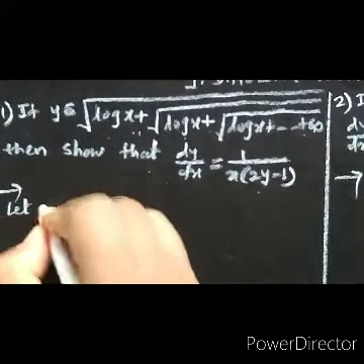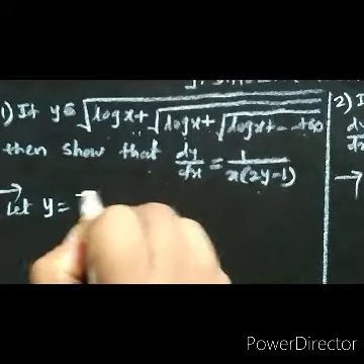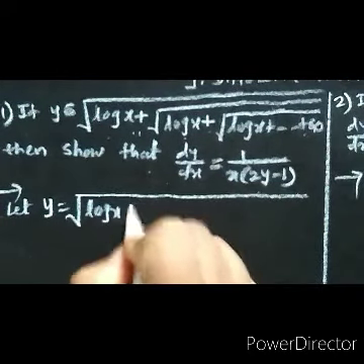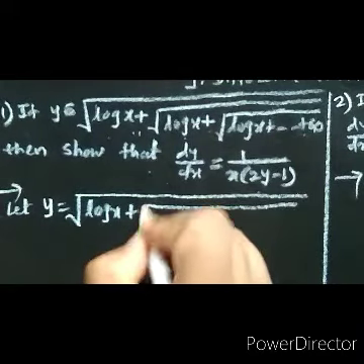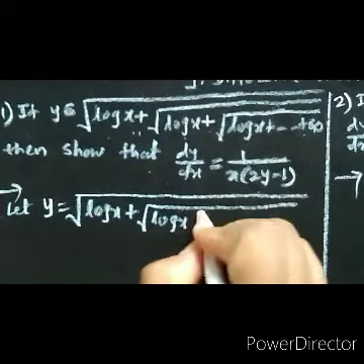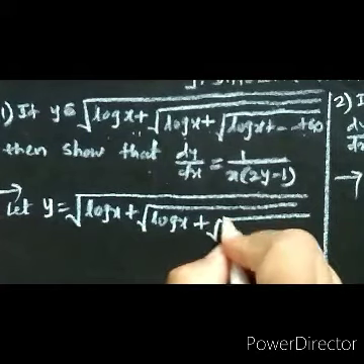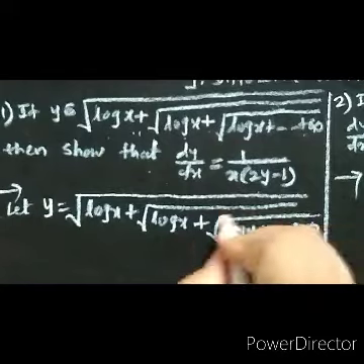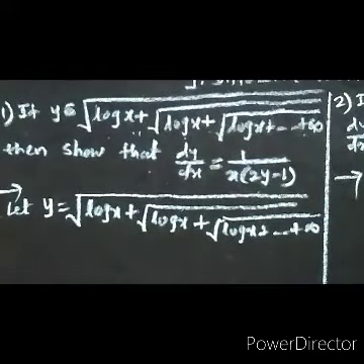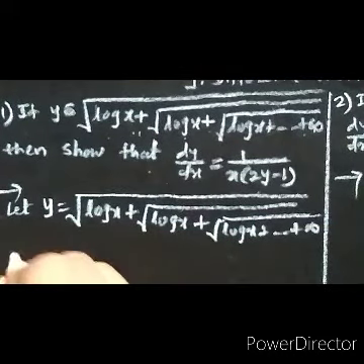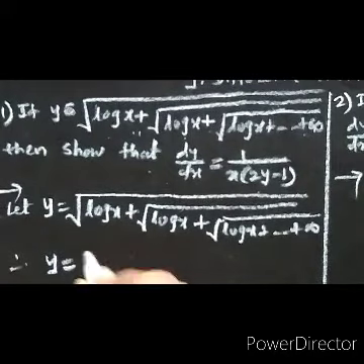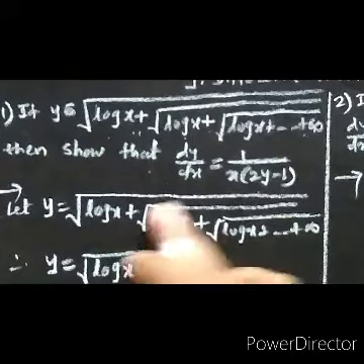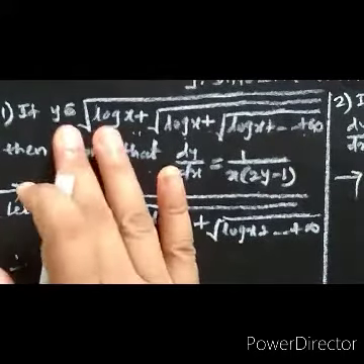So let y is equal to square root of log x plus square root of log x plus square root of log x plus and so on to infinity. So here we can write y is equal to square root of log x plus this whole value, that is y again.